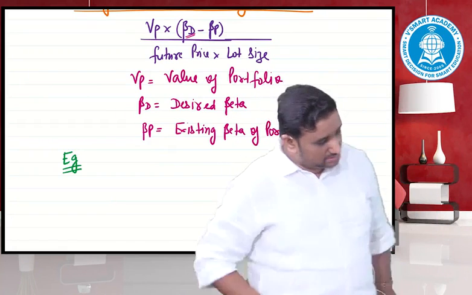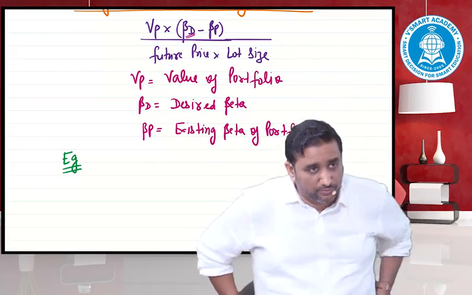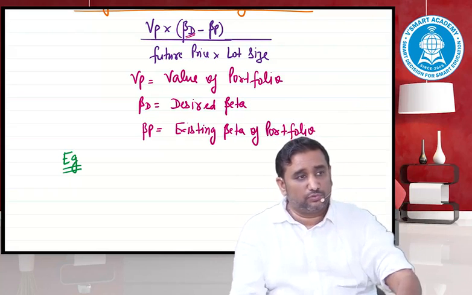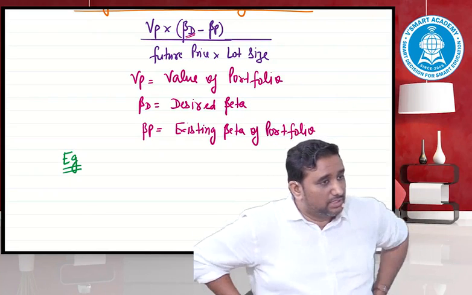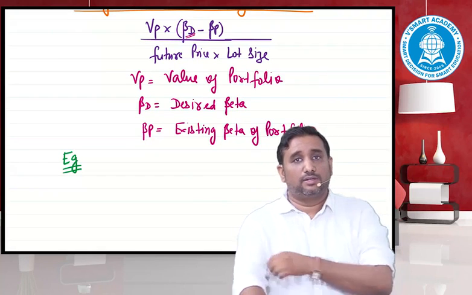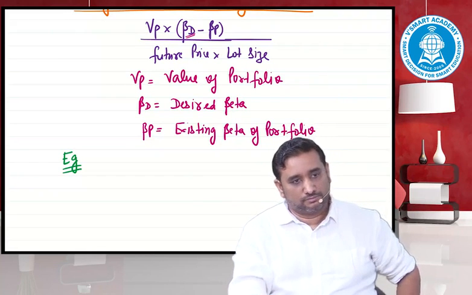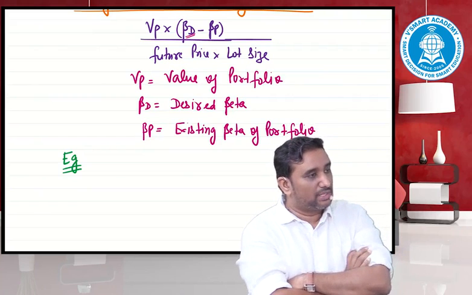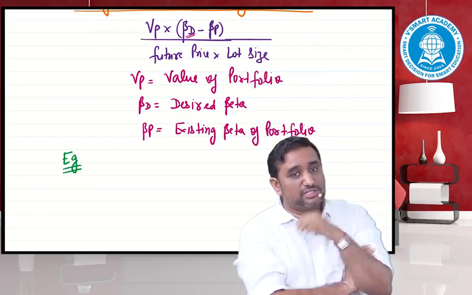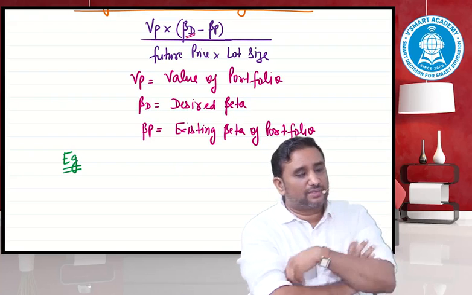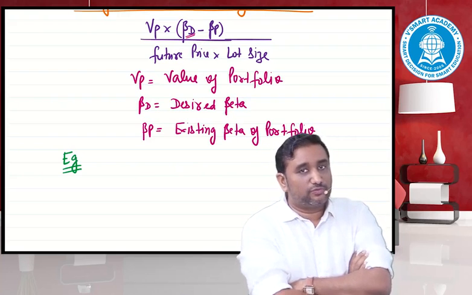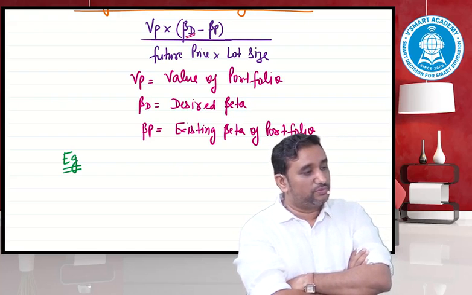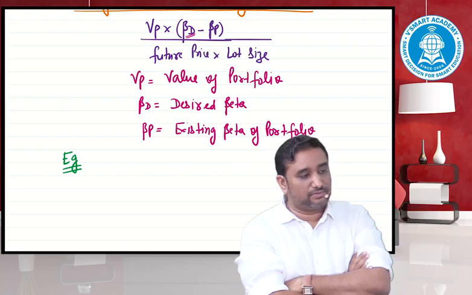Portfolio manager has a portfolio of rupees 100 lakh, position is S plus. That's basically your plus in the market. Next point, beta of the portfolio is equal to 1.5.